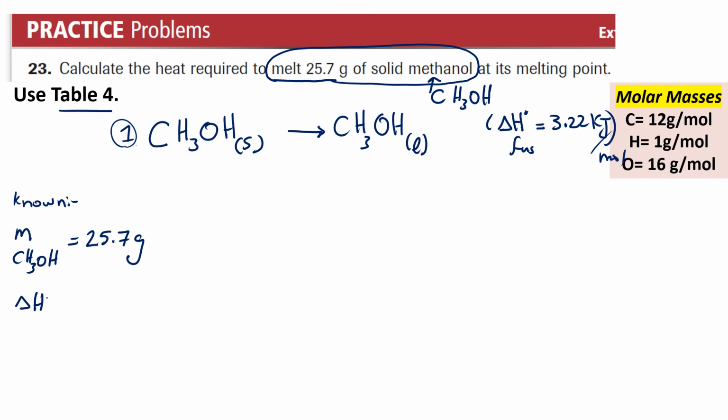We know the delta H fusion, which is equal to 3.22 kilojoule. Okay. So what we don't know, or the unknown, is the Q produced.